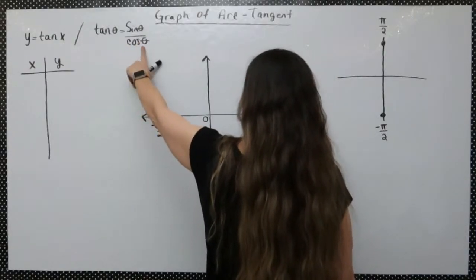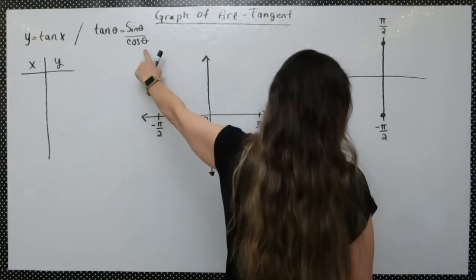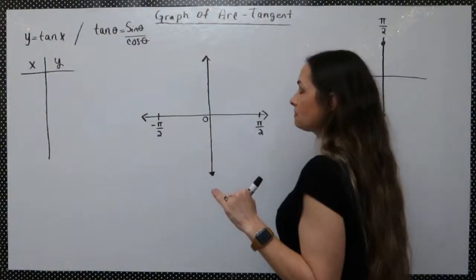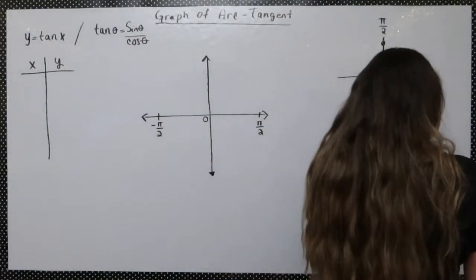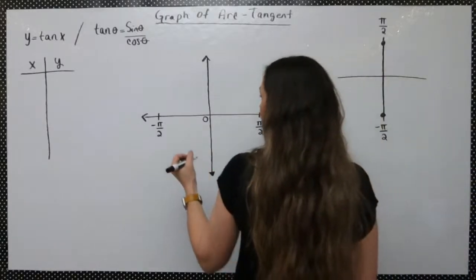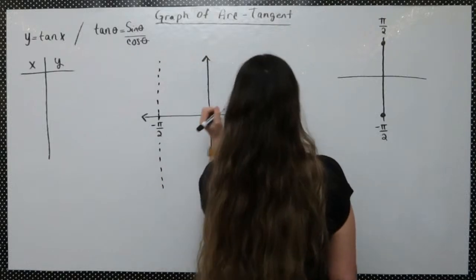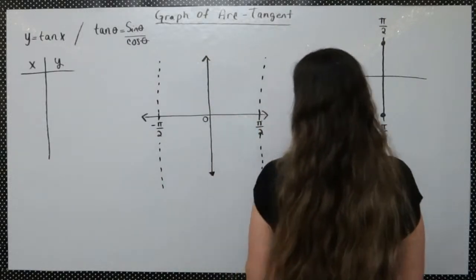There are places on the cosine graph where the value is 0. Anytime that happens, you're going to get an undefined value. And we found that those values appear at negative pi over 2, and pi over 2.